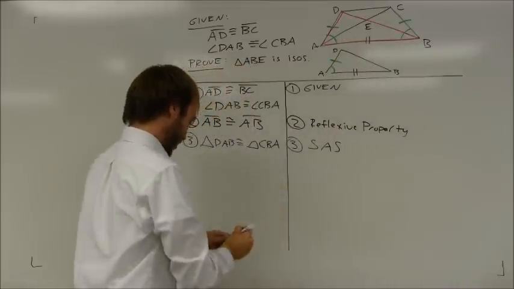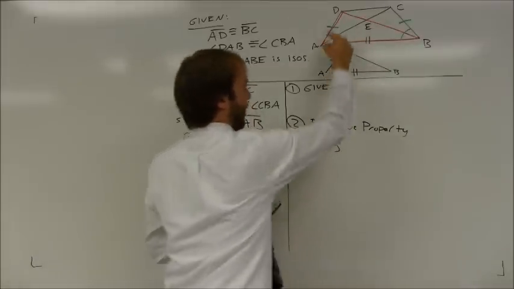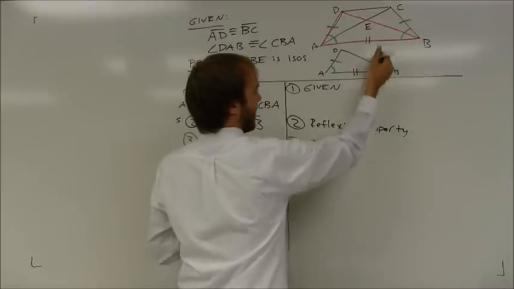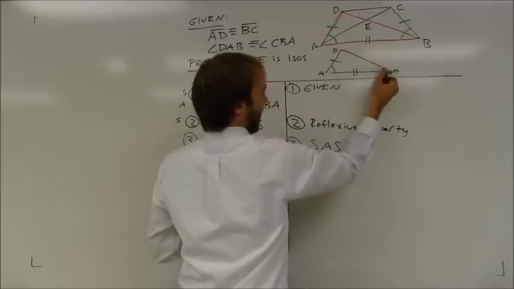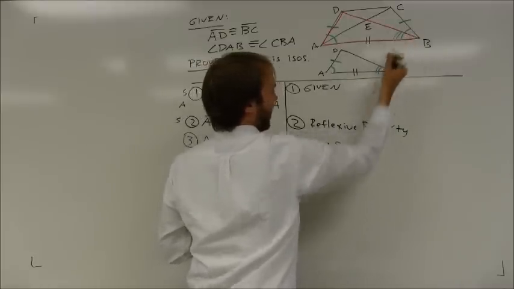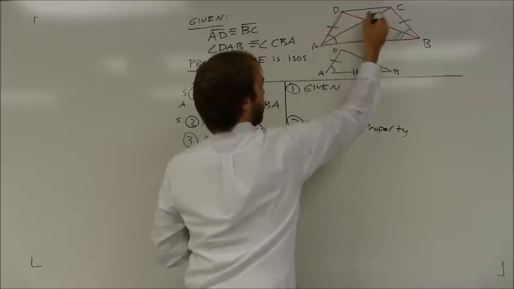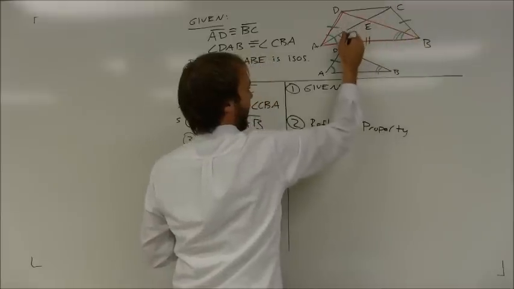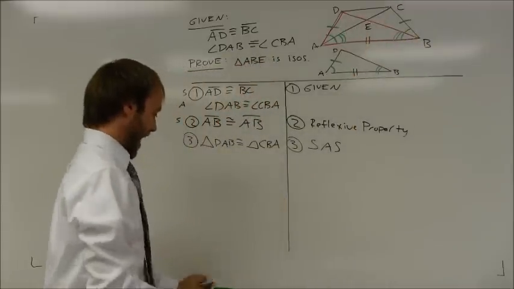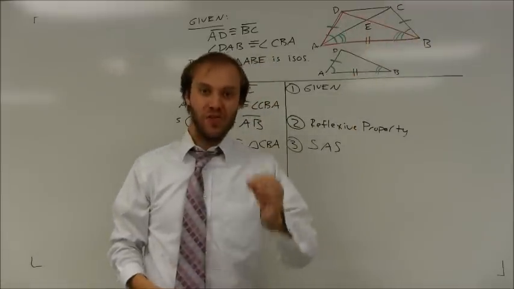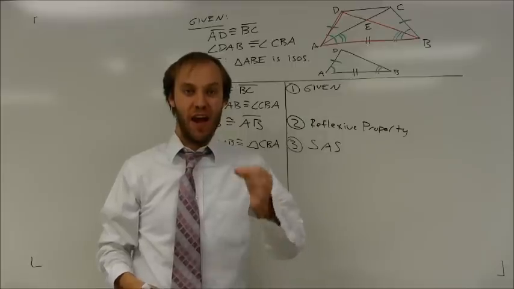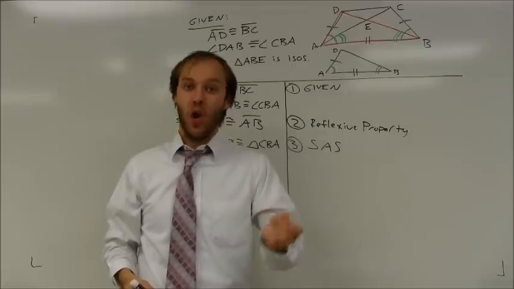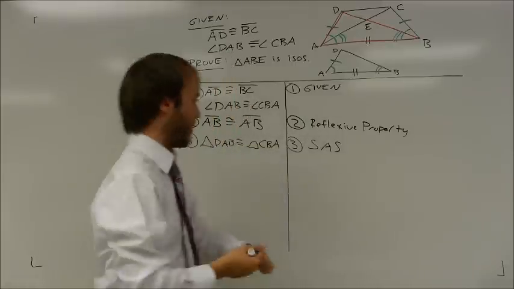And hopefully you notice, if these two triangles that are overlapping are congruent, this angle right here, that corresponds to this angle right here, is going to be congruent to this lower angle right here. And if I'm able to do that, that shows that the base angles of my triangle are congruent, which is going to force that to be an isosceles triangle.